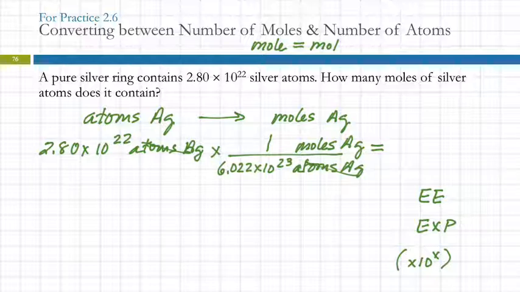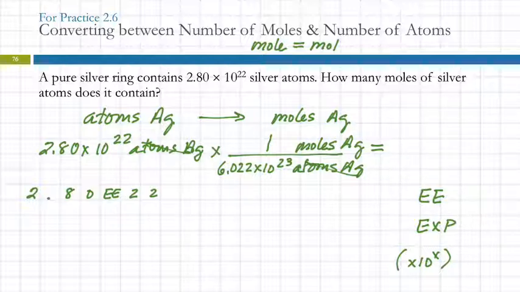So when I want to put in 2.80 times 10 to the 22, my keystrokes are going to be 2.80 EE 22. I know mine only shows one E, that's okay.